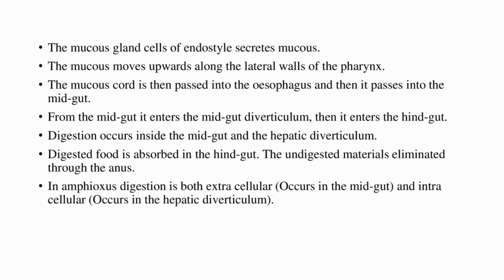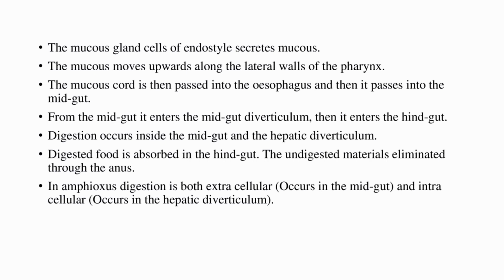The mucus gland cells of the endostyle secrete mucus. The mucus moves upwards along the lateral walls of the pharynx. The mucus cord is then passed into the esophagus and then it passes into the midgut. From the midgut, it enters the midgut diverticulum, then it enters the hindgut.